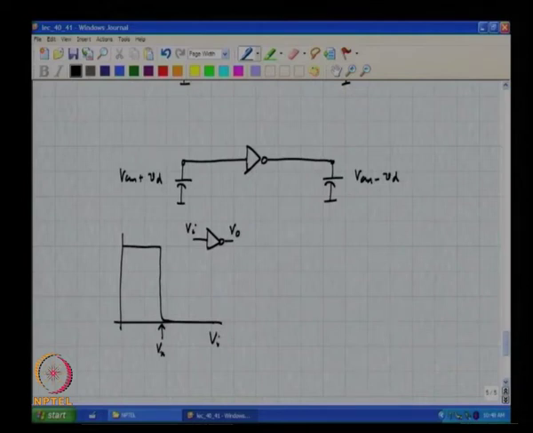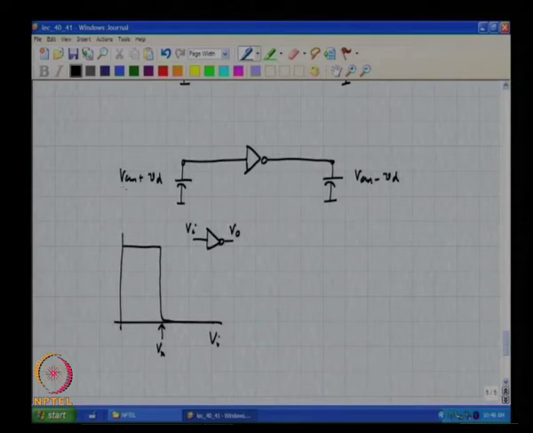So, if you bias it precisely at Vx, what is the speciality of this Vx? Slope is very high, but what can you say about the current through the NMOS and the PMOS transistor? It is the same, correct.